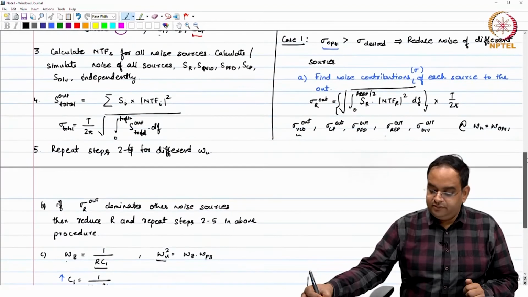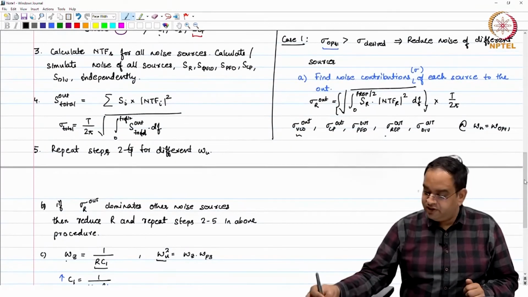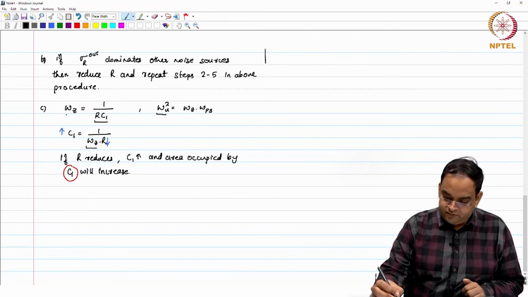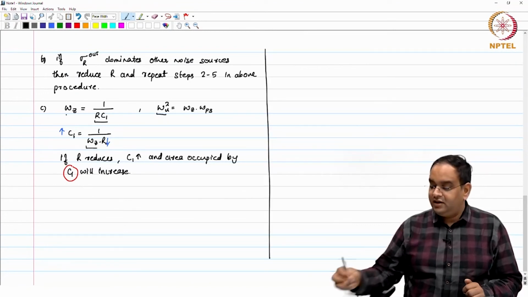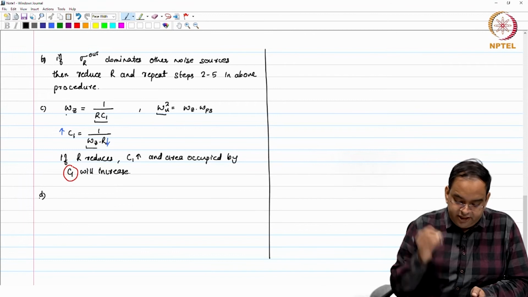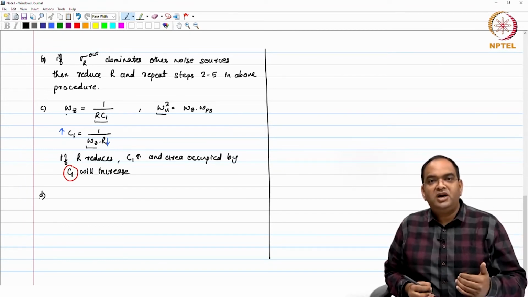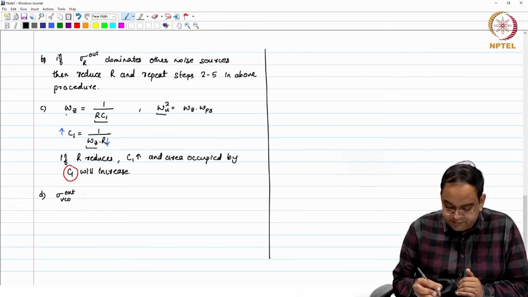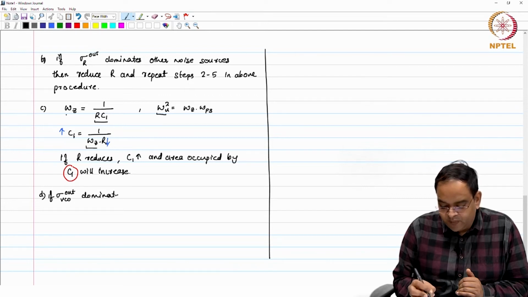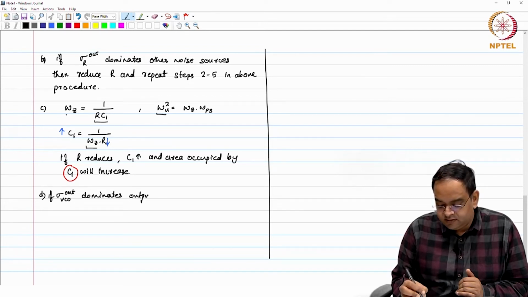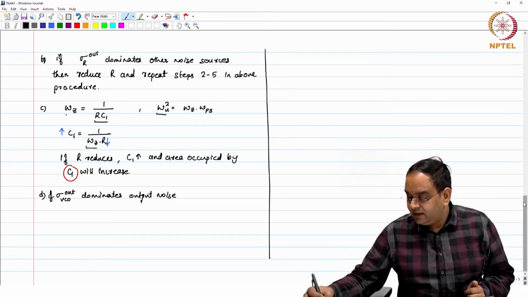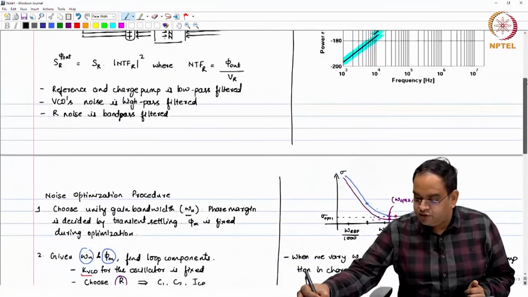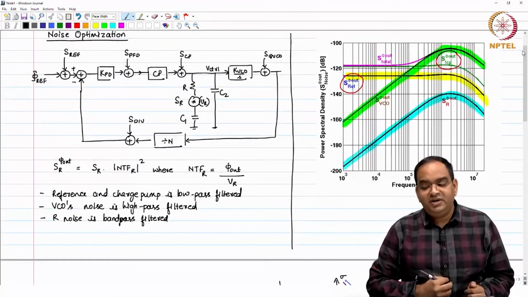Now, the case which we have discussed is only with respect to R. Now, let us say there are other options, because you can have multiple options here. If sigma out of the VCO dominates the output noise and you still do not meet the requirements, what to do? In the plot I showed you earlier, VCO noise dominates.